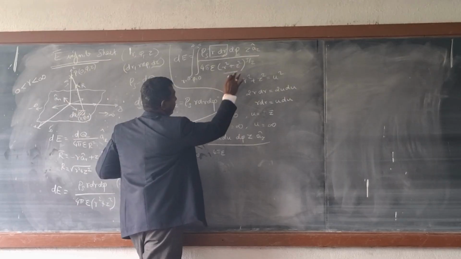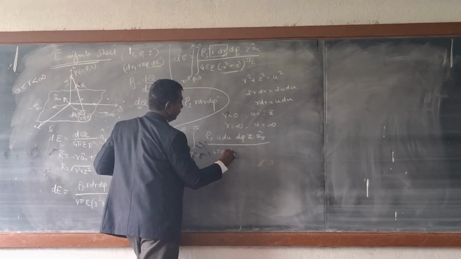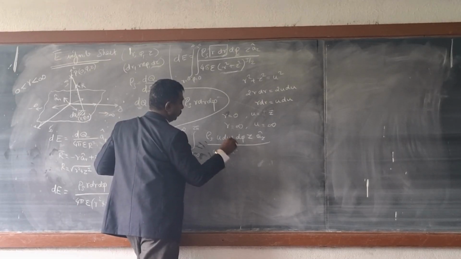R square plus Z square is u square. We already said U square to the power 3 by 2 is u cube.